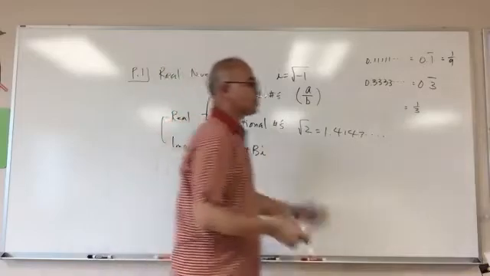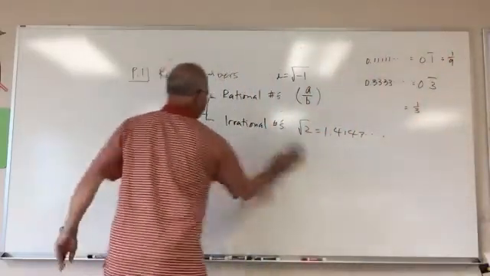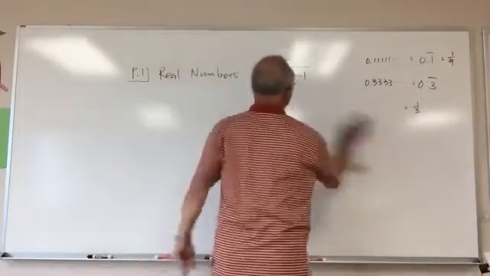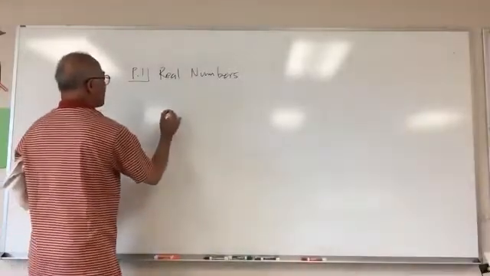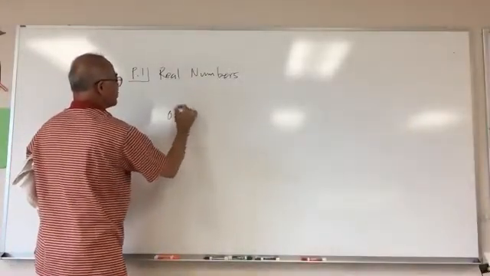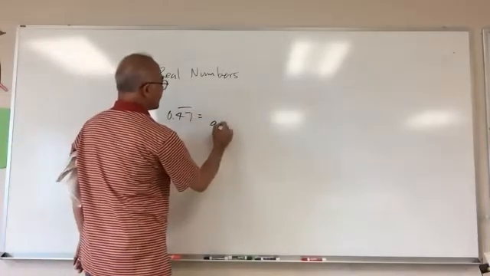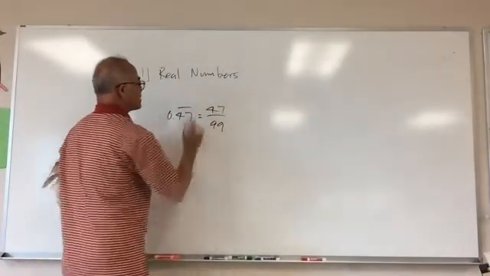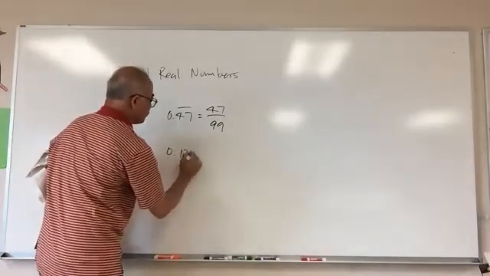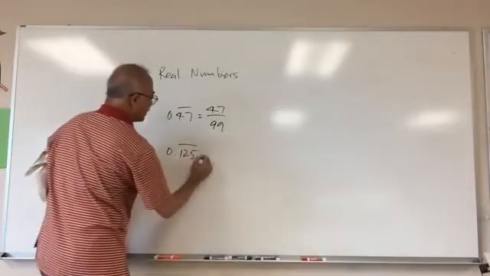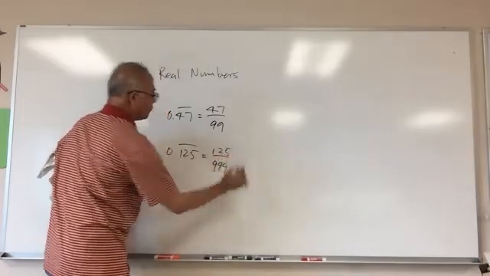The way this works is this, and I've talked about it in pre-algebra. If I have 0.47 repeating, this is the same as 47/99. If I have 0.125 repeating, this is the same as 125/999.